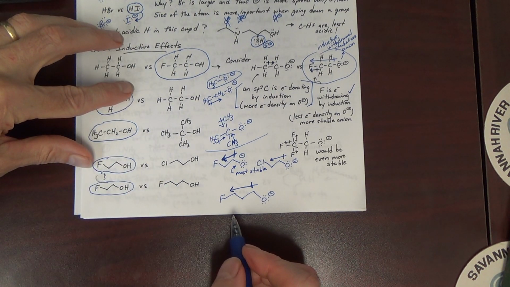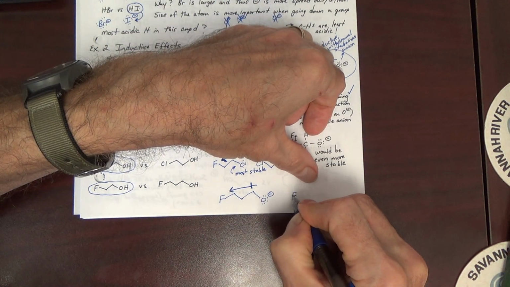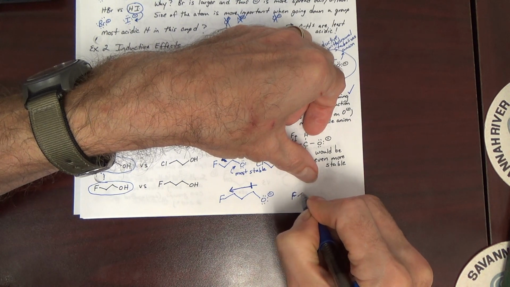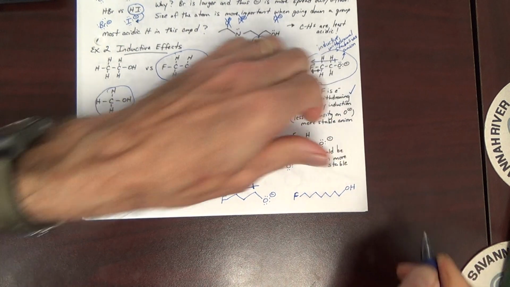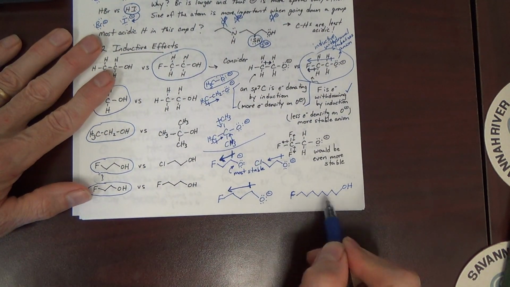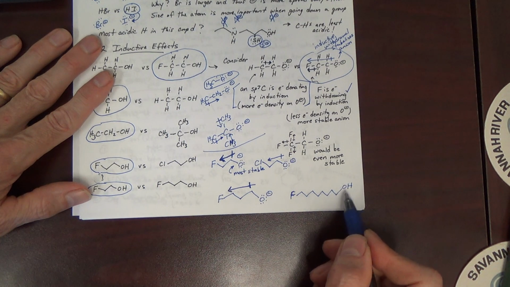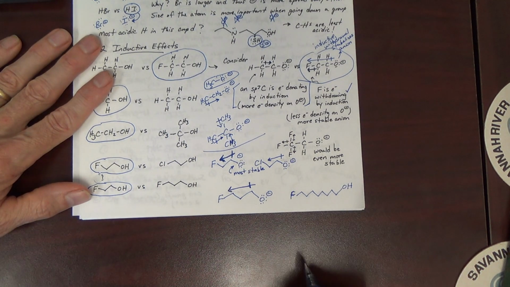And so if you had a compound where the F was way out here, something like this, the effect of this F just gets less and less and less on the electron density over here.